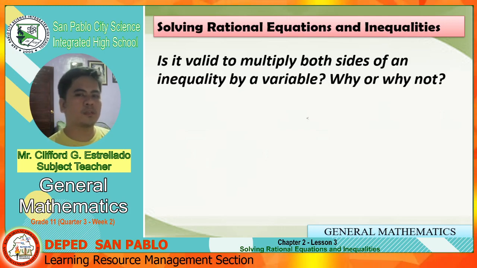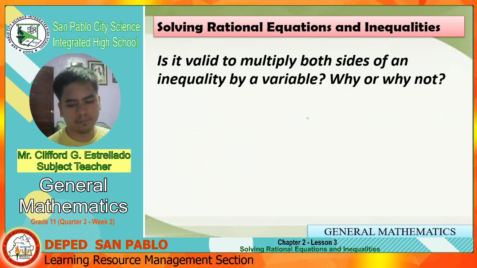And as you can see, our LCD contains variables. In the previous case, we had the variable x. So the question is, is it valid? Can we also use that method in solving rational inequalities? Can we multiply both sides of an inequality by a variable?